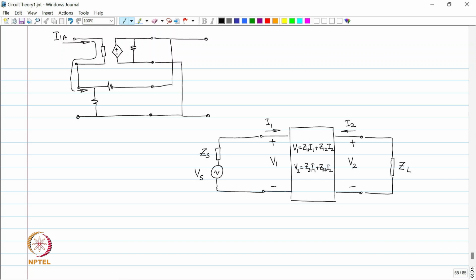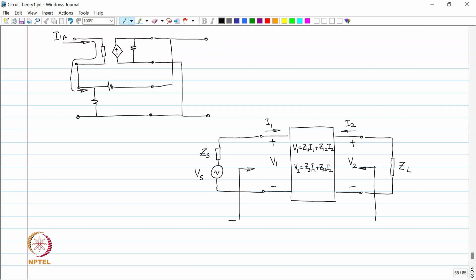Now, we have 3 very important metrics of this circuit. The 3 metrics are driving point impedance looking into the circuit, the second is driving point impedance looking back.